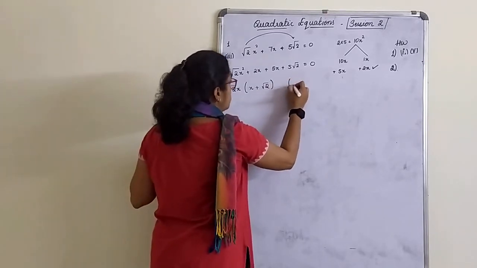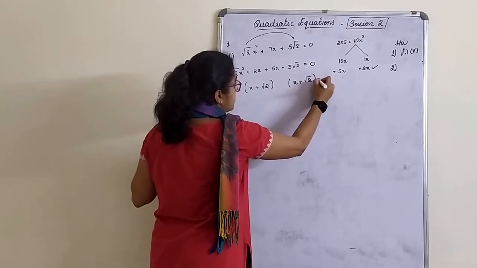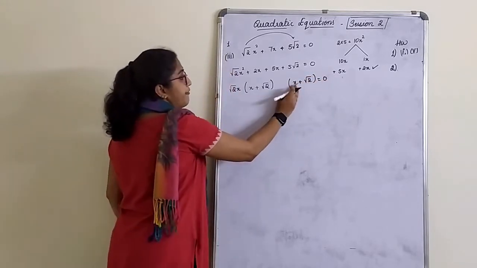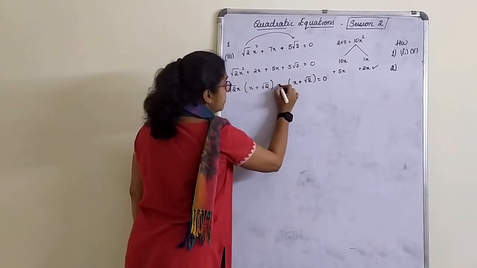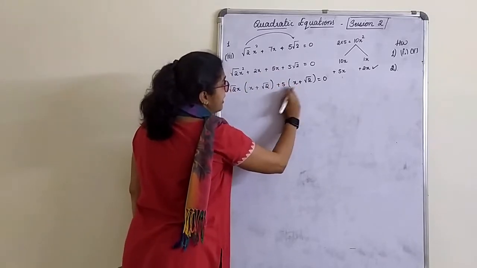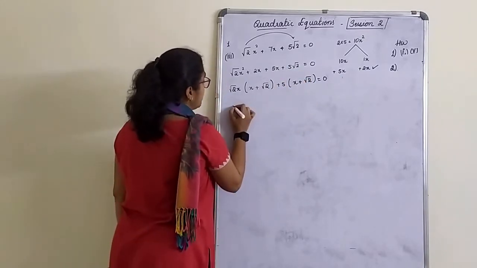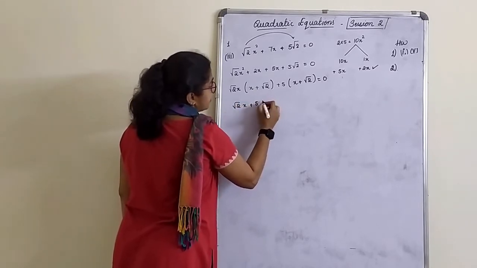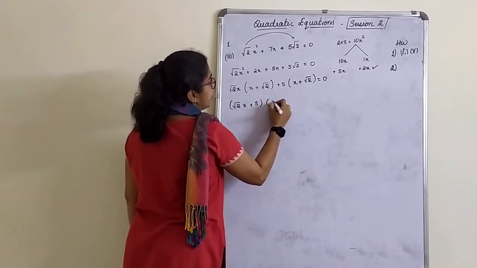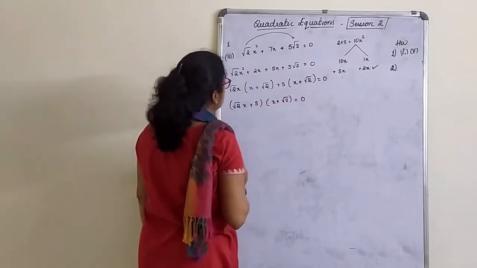Now here without doing anything, write x plus root 2 as it is. Now check. X into what should give you 5x plus 5. 5 into root 2 is 5 root 2. You got it right? Okay. So root 2x plus 5 and x plus root 2 is equal to 0.